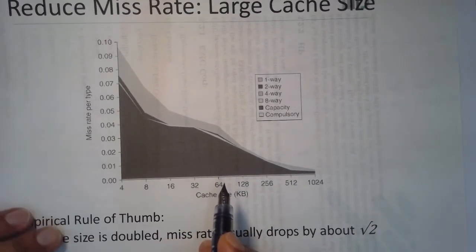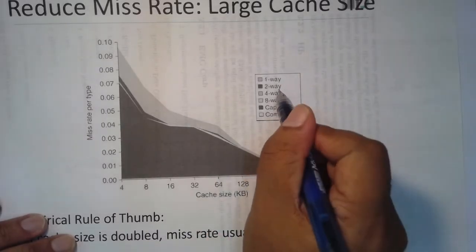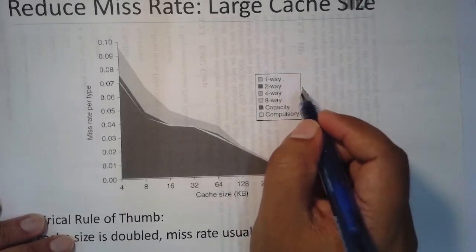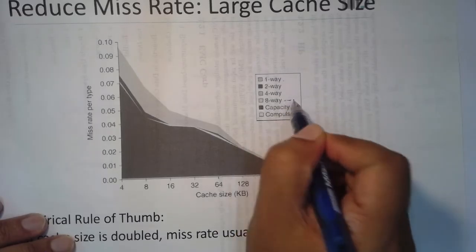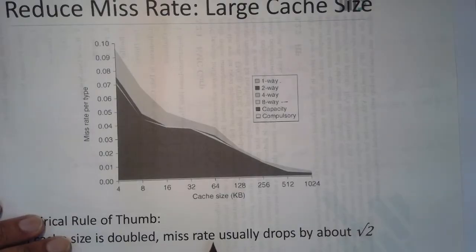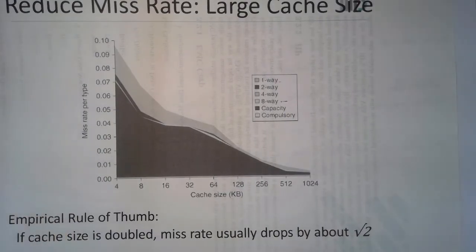And another observation: depending on whether it's a 2-way set associative cache, 1-way set associative or direct map cache, or 8-way set associative cache, etc., your miss rate also varies. So how is it varying?